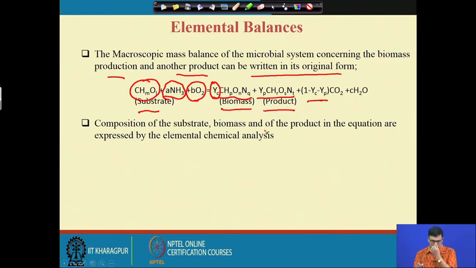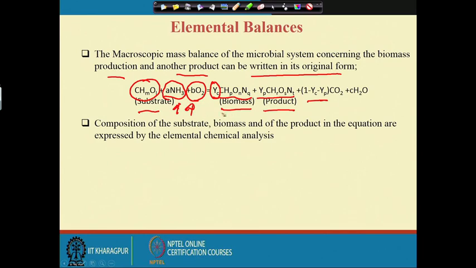But if it is an anaerobic system, we know that the amount of cell mass produced is drastically reduced compared to an aerobic system. So, if we ignore that, your relationship will be simple. One thing is that oxygen will not be required, and the nitrogen also mostly will not be required, because if you do not consider biomass, your carbon source is mostly converted to your product, if the product does not contain any nitrogen, and also carbon dioxide and water.